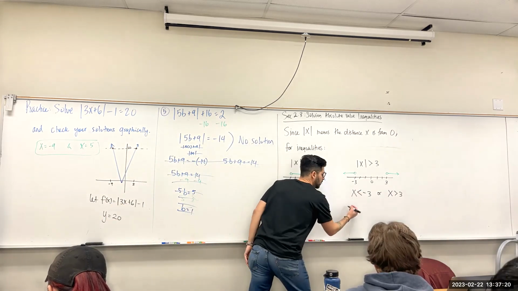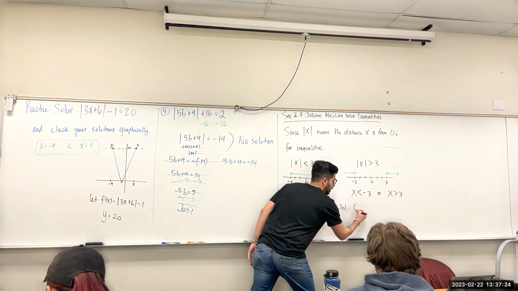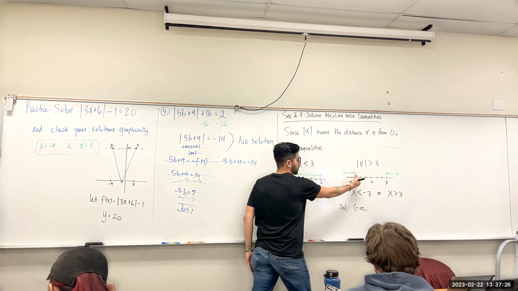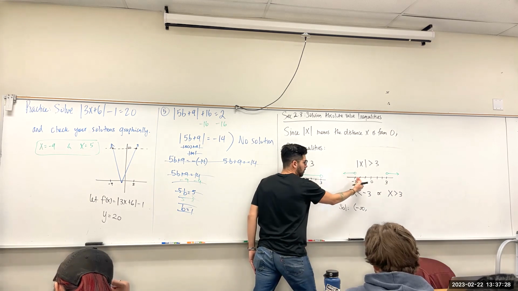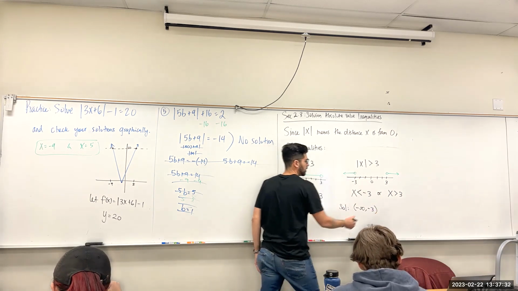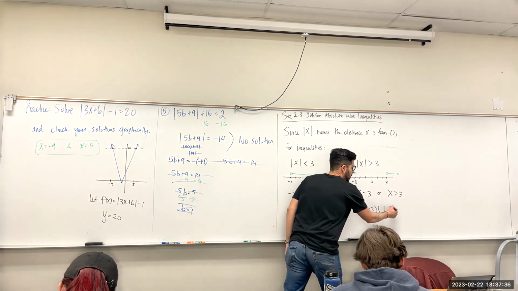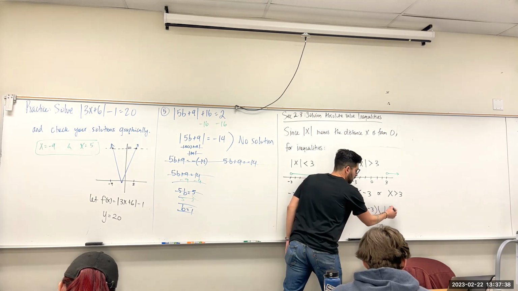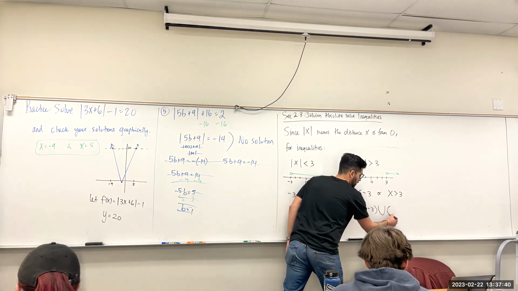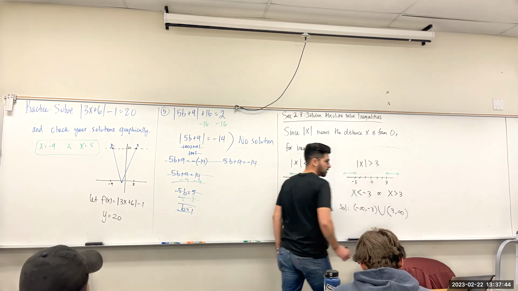So you're going to write the solution here as: there's no smallest x value, and then we go up to negative 3, parenthesis. Your fun union here. Do we include the 3? No, we do not, because there's no equal sign, so it's from 3 and on.